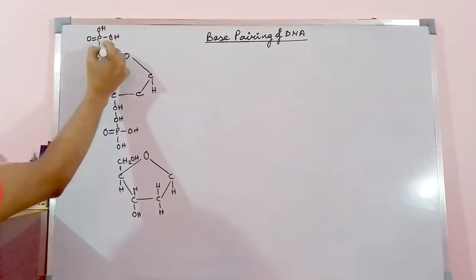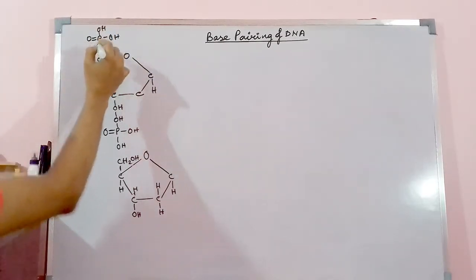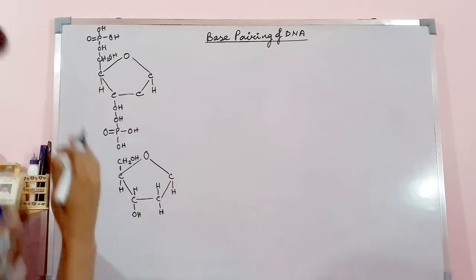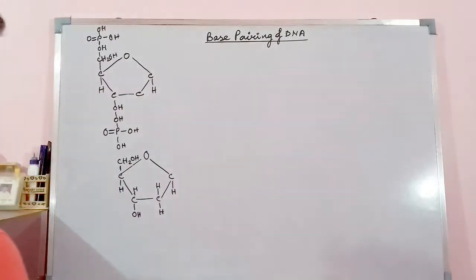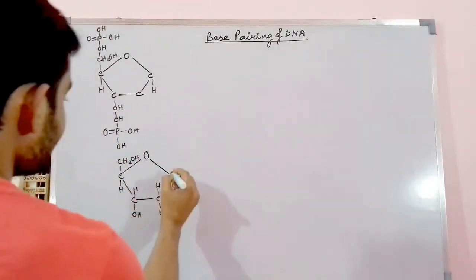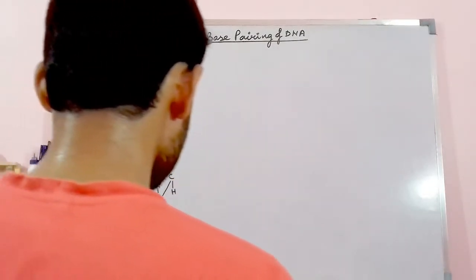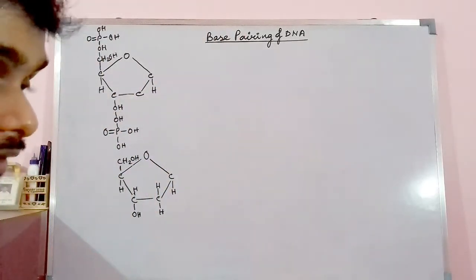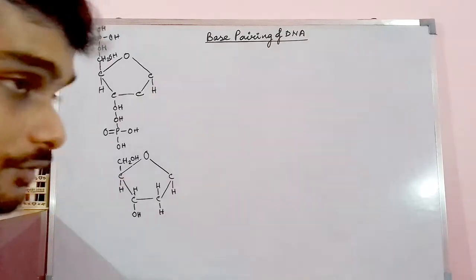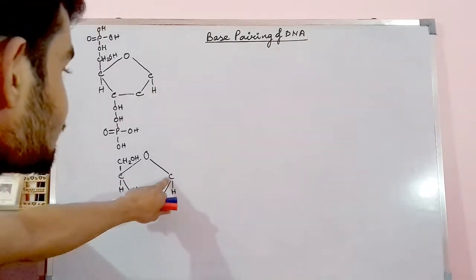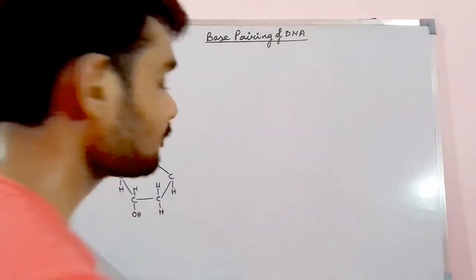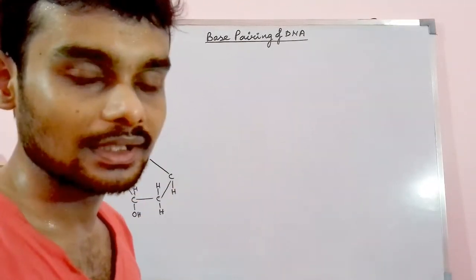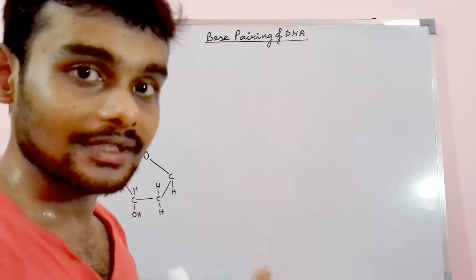So this is what one strand of the DNA molecule is. Now, along with this strand, if I draw the structure of the nucleotide, this heterocyclic nitrogenous base is linked with this first carbon. In case of purine bases, that is adenine and guanine, they are heterocyclic rings.